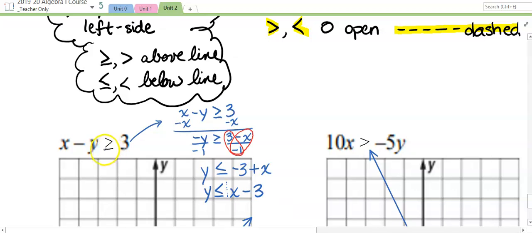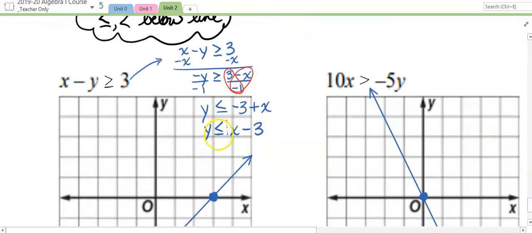This is a solid line because it is greater than or equal to, which ends up being less than or equal to. And now, once I have y isolated, this literally means shade below the line.